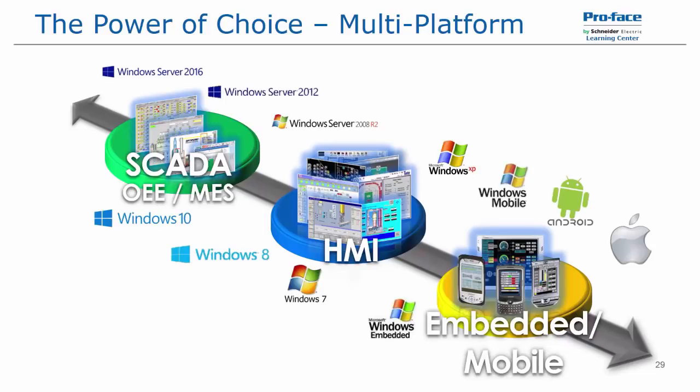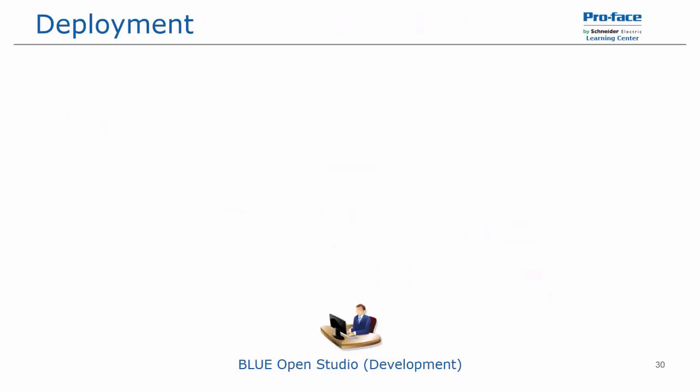And when we mean multi-platform, we mean that not only with the purpose of the application, but also the operating systems that it would run on. Anything from the latest Windows servers all the way down to mobile operating systems. This means seamless development across multiple OSs. You can design a single application and deploy it across all three of these groups or across numerous operating systems without any modification required. What we mean by that is for deployment, you can develop once and deploy anywhere.